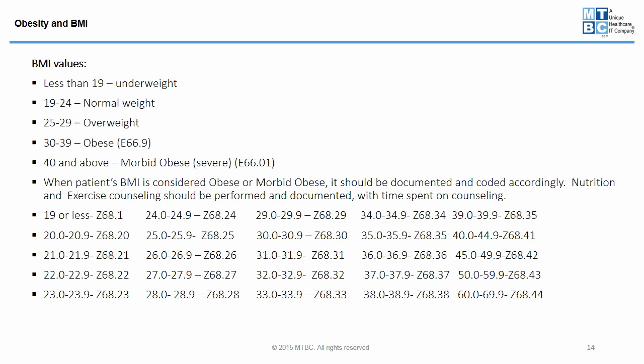These are the ICD-10 codes on the bottom for the BMIs, okay? And honestly, they've actually been more specific, if you look at this, from 21.0 to 21.9, whereas previously, anything under 19 would have one code, anything from 19 to 24 would have another code with ICD-9, anything from 25 to 29 would have another code.